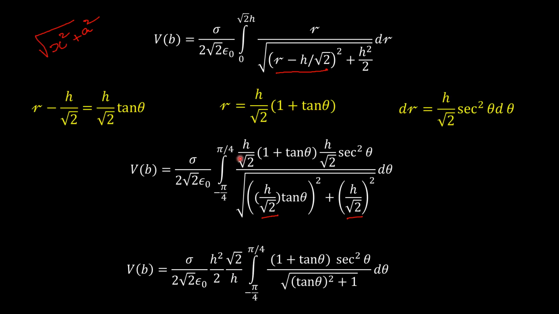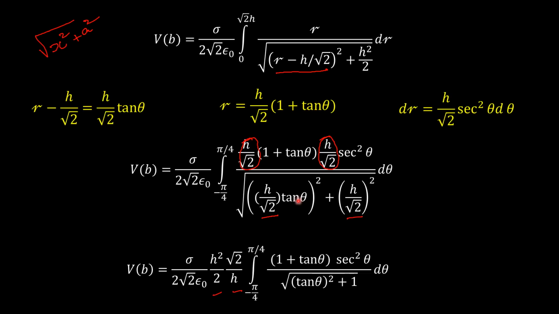And what will happen to the numerator? In the numerator you have h cross, h divided by square root 2, h divided by square root 2, which will become h squared divided by 2, this one. And this we have taken here. In the numerator you will have 1 plus tan theta secant square theta.